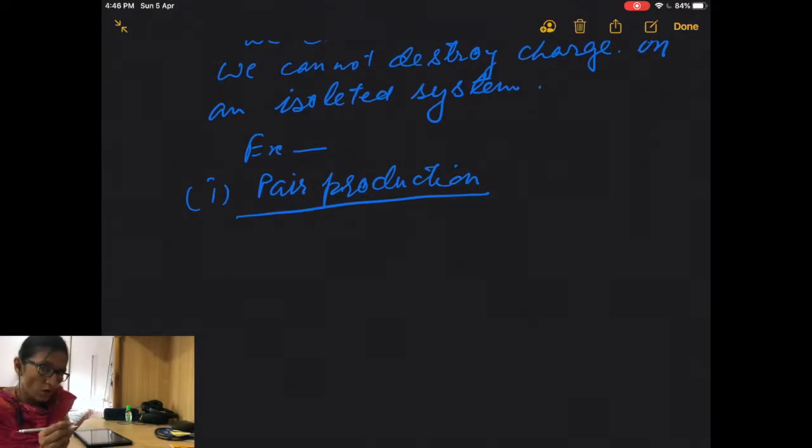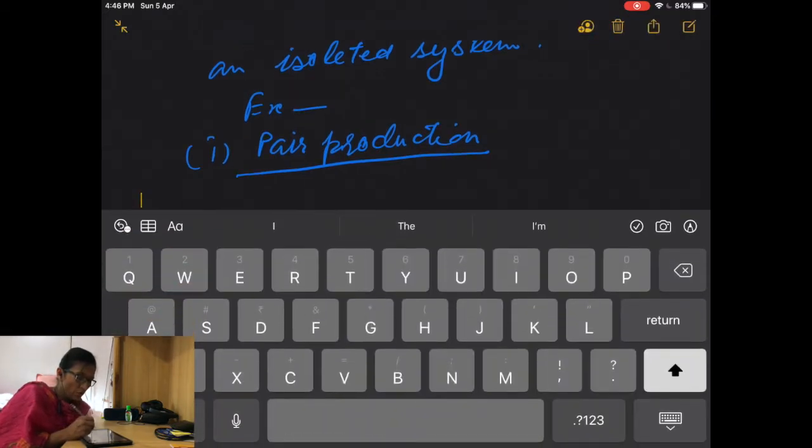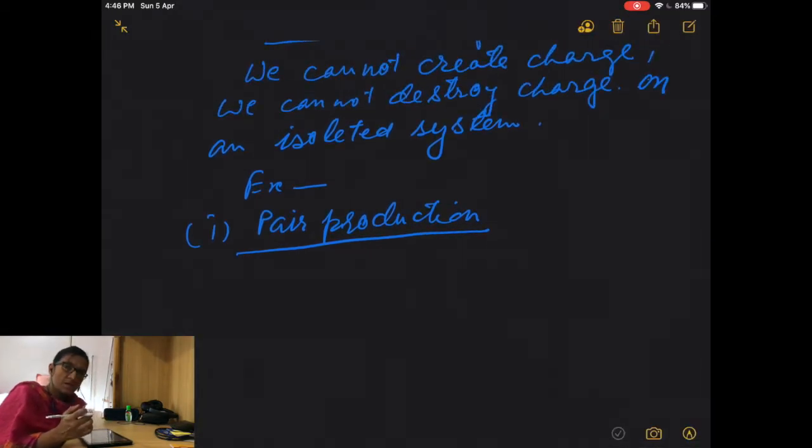When gamma rays, which are in motion, have their energy due to motion converted into rest mass of some particles, then we have one proton and one electron.